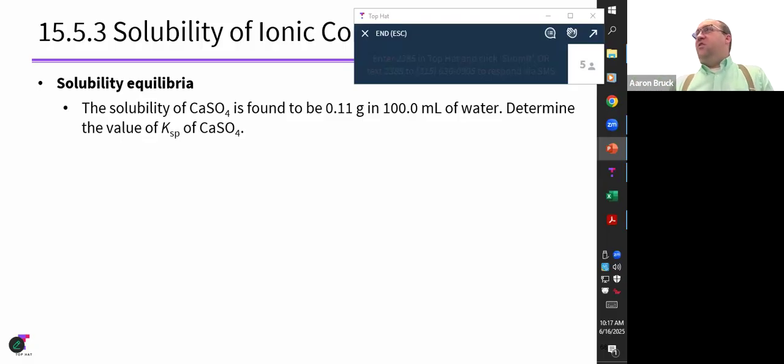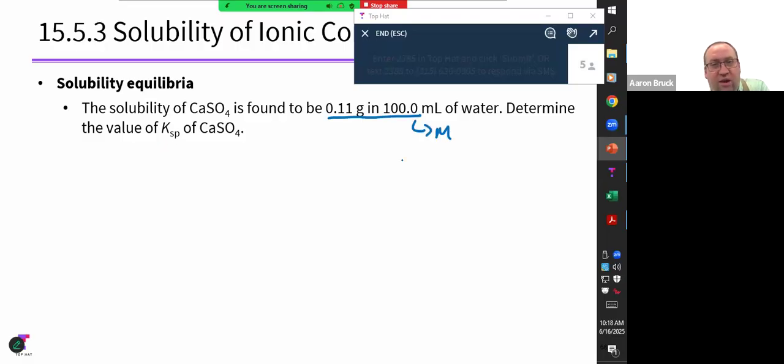Not really enough for us to notice, because rarely are we going to be measuring out that small of a quantity of calcium sulfate. But the question is, well, what is the value of KSP? Well, the first thing that we would want to do is we want to turn this into molarity so that we can use it to find K.